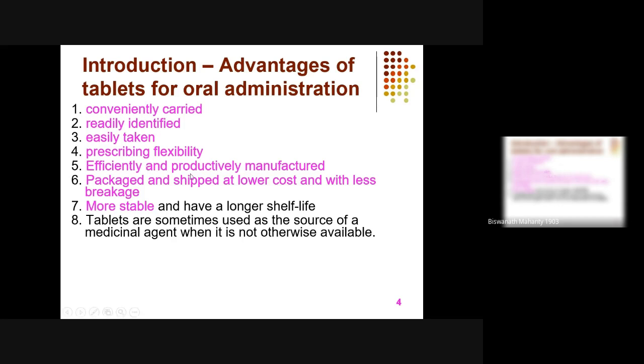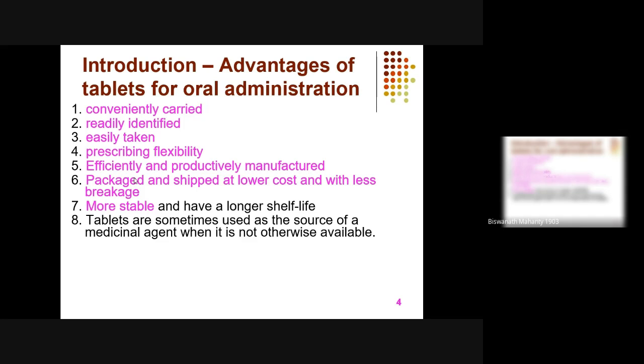Packaging and shipping at lower cost with less breakage. Like syrup, you need to have a container, right? That is very difficult to organize sometimes, because of recycling of those bottles. Earlier it was glass bottles, now polyethylene terephthalate, PET bottles are also being used, and they are definitely costly. So that cost is included when we take those things to market.